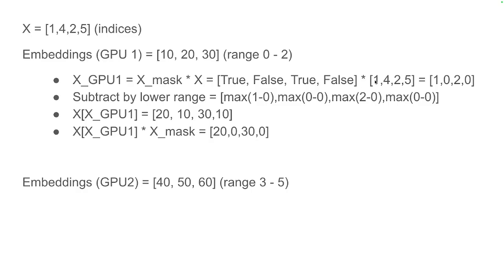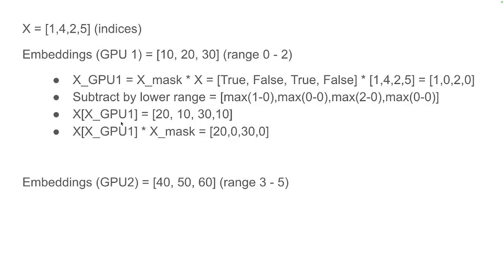You multiply this mask with your indices vector, and you get 1, 0, 2, 0. Now you need to subtract the lower range from each of these indices. Here it doesn't matter because it is 0, but it will be clear in our next GPU. So you subtract the lower range and you get back the same indices, because the range starts at 0 here.